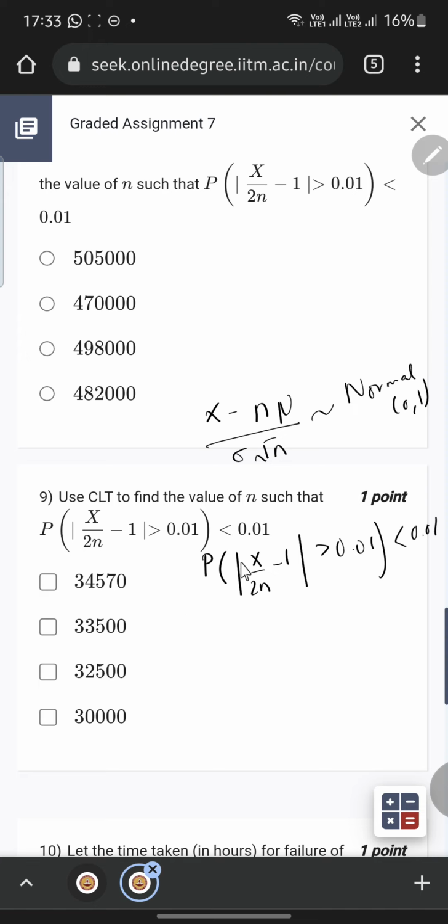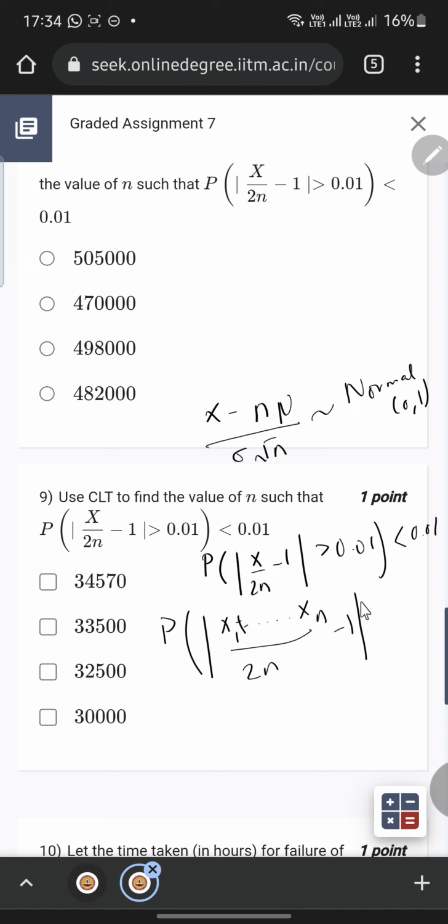So we will add all of the x here. We will use n independent random variables x1 up to xn, summation of those, divided by 2n. Oh, sorry, it's 2n here. And yeah, so this minus 1.